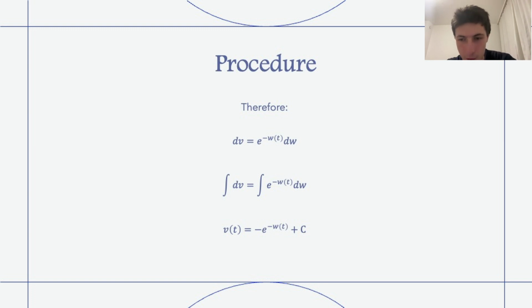Now, we apply the integral on both sides, and you get v of t equals the negative e to the negative w of t plus a constant c.